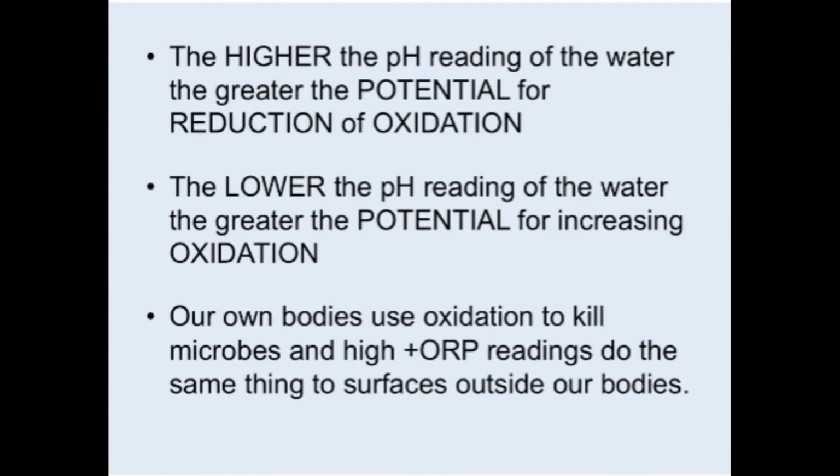The actual setting on your machine doesn't mean you're going to get that exact pH of water. All it's indicating is the amount of electricity that's flowing through the water to split it to create more or less hydroxyl ions. So when you set your machine on 8 or 8.5 or 9 or 9.5 or 11.5, it changes the amount of electricity passing through the machine.